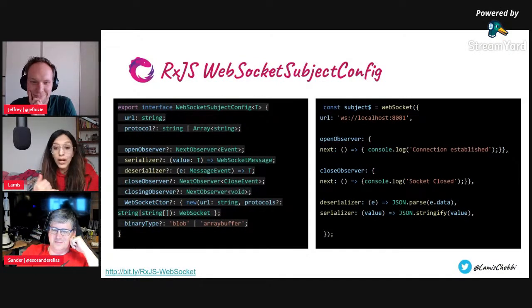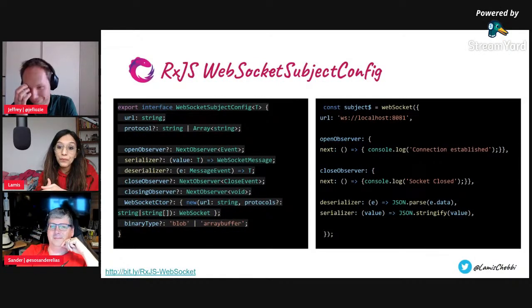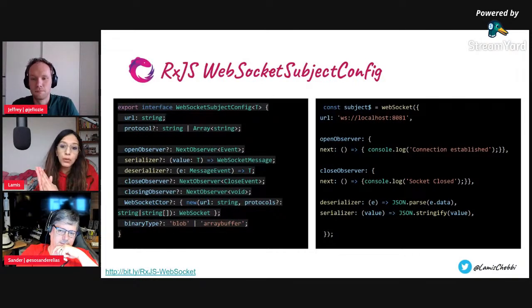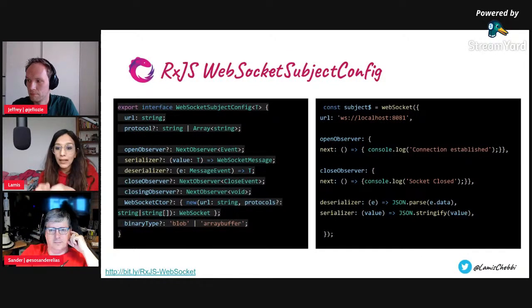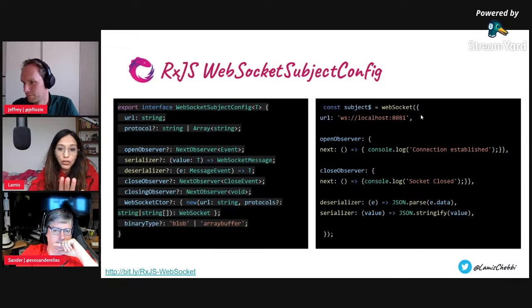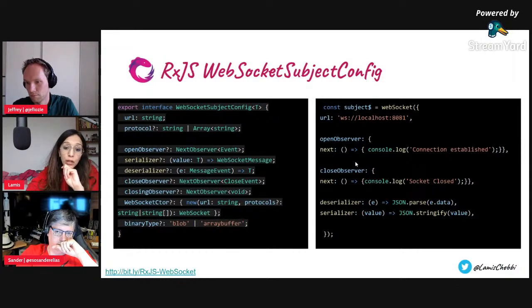On the right part of my slide, you can see a simple example of how you can create the RxJS WebSocket subject using this object. I call the factory function as usual, and here I pass this object. There's the URL of my endpoint, which is mandatory information.